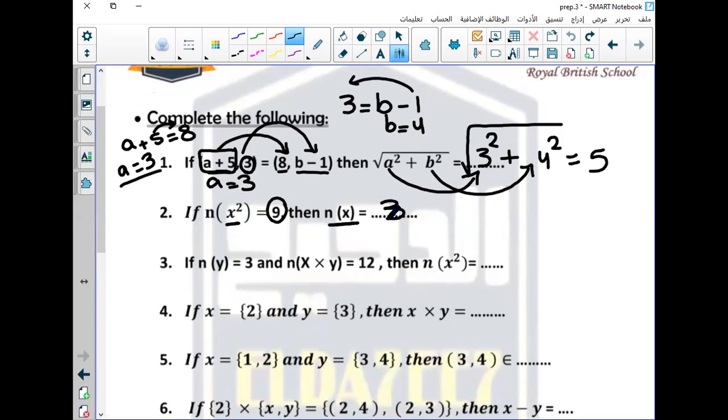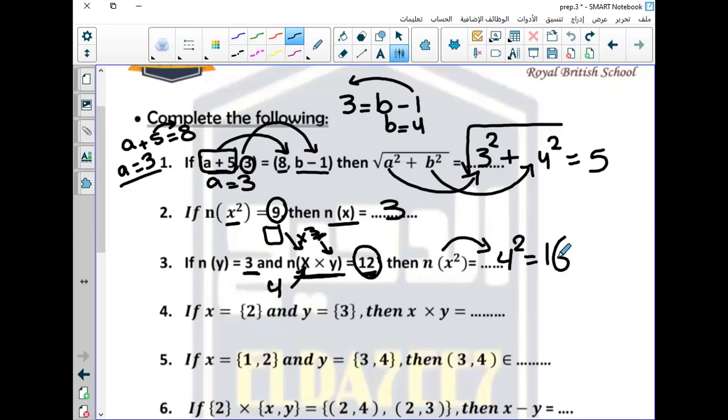Number 3: if number of y equals 3 and number of x times y equals 12, then x times 3 equals 12, so number of x will be equal to 4 because 4 times 3 equals 12. Then number of x power 2 will be 4 power 2 equals 16.